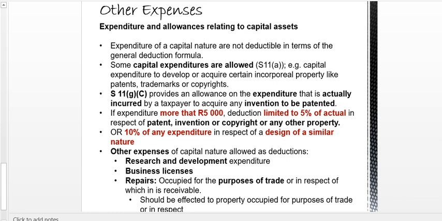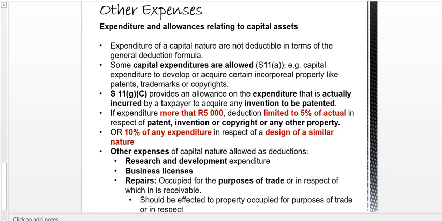Section 11GC provides an allowance on expenditure that is actually incurred by a taxpayer to acquire any invention to be patented. So if you patented anything, then you may deduct those costs for the patent, but the expenditure is limited to 5,000 Rand.